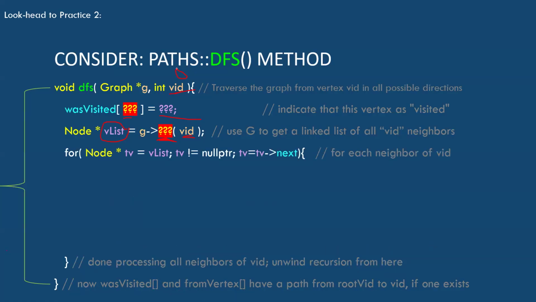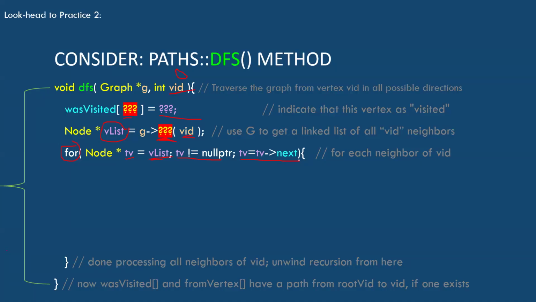Now, I'm going to say, okay, let's just walk down the vertex list. Get a temp vertex starting at the head. As long as it's not null, inside of the for loop, we'll just keep going next, next, next. You could do a while loop here. I just did the same thing with a for loop, okay? Head vertex, keep going while it's not equal to null.